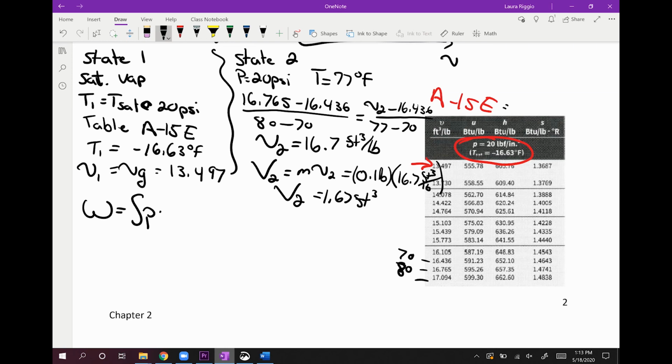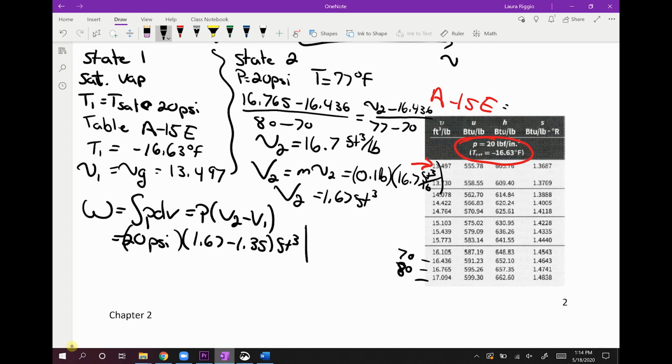Our work is equal to the integral of P dV, which is equal to P times V2 minus V1, which is equal to 20 psi times 1.67 minus 1.35 feet cubed, times 144 inches squared per foot squared, times 1 BTU per 778 foot-pounds. So my work is 1.18 BTUs.